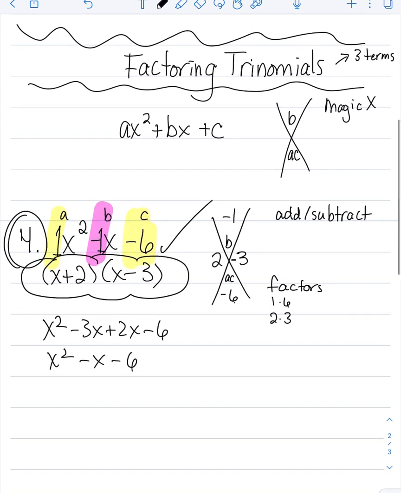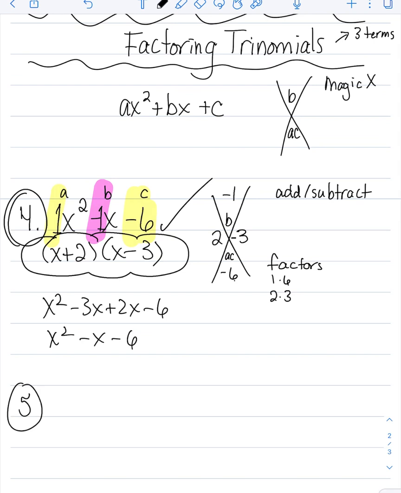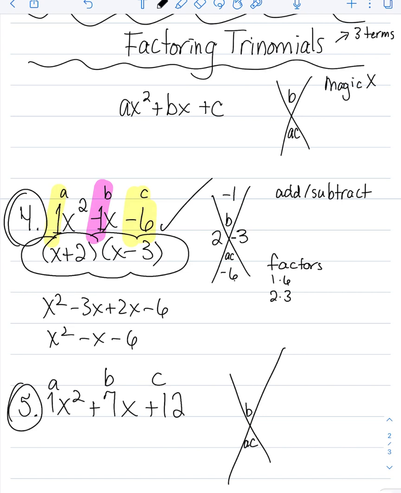Now let's practice this a few more times so you'll get comfortable with it. So for 5, let's factor x squared plus 7x plus 12. Remember, magic x has your back. B, A, C. A, B, C. So my A is 1, my B is 7, my C is 12.